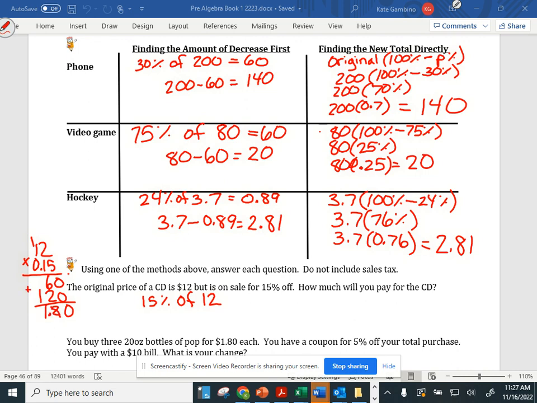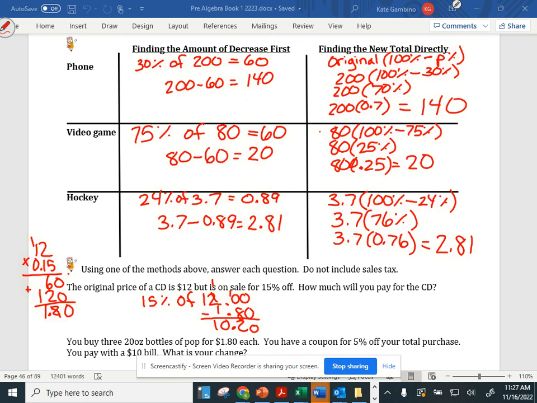So we get $1.80 decrease. So we come back over to our $12 and we subtract out that $1.80. And we see our final price is $10.20.